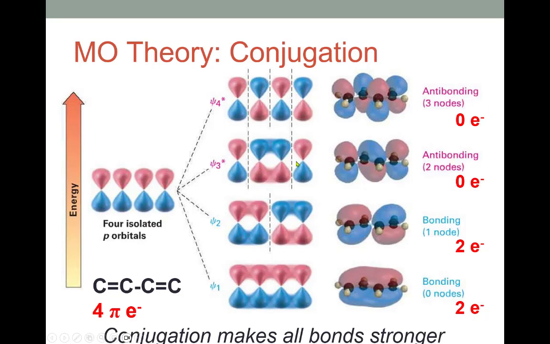As we progress up, the first anti-bonding molecular orbital, the first one that's higher in energy than we started with, shows us only one pair of aligned orbitals, so carbons 2 and 3 here. Carbons 1 and 4 are in the opposite polarity, so this introduces two nodes, or two points of instability. And then at the top, Psi4 is our worst case scenario where nothing is aligned.